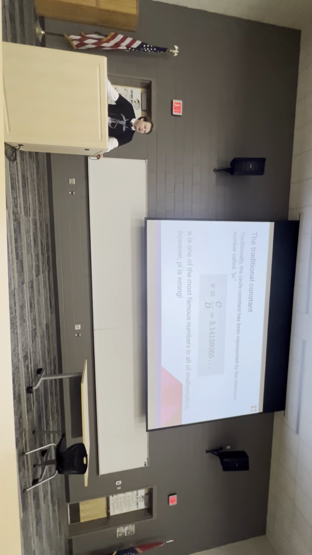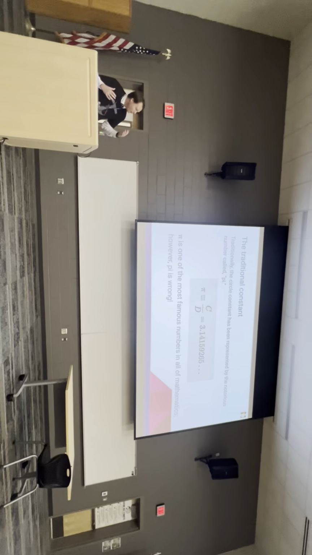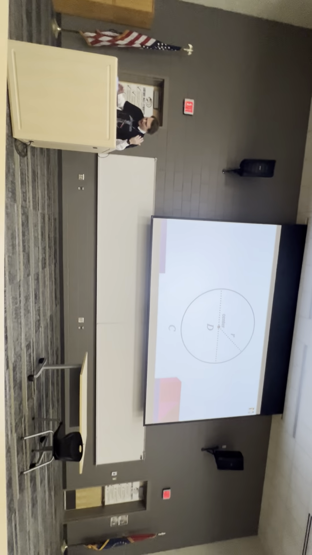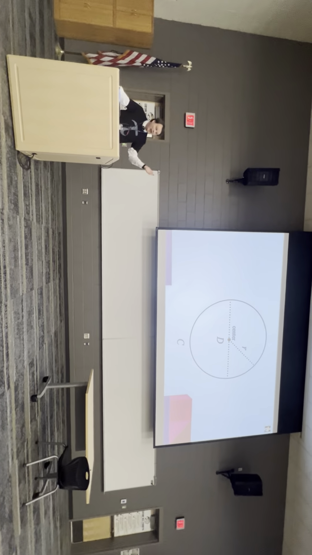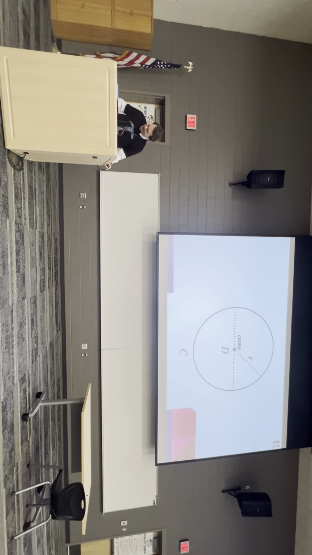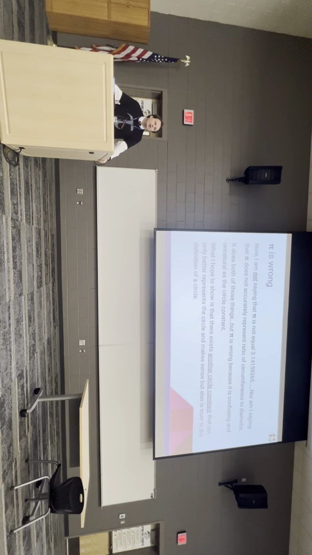So we're going to look at a different way to understand this circle constant. Going back to the circle, we have the circumference and the diameter, and also something else in the circle. So pi is wrong.